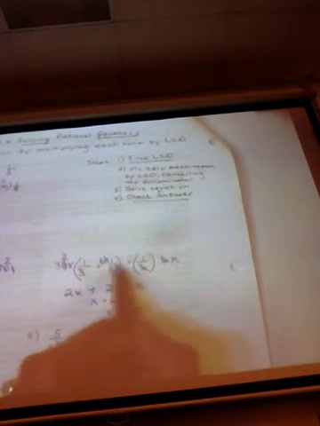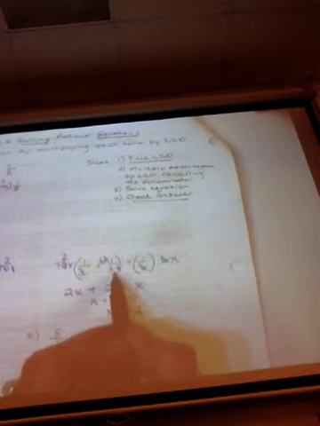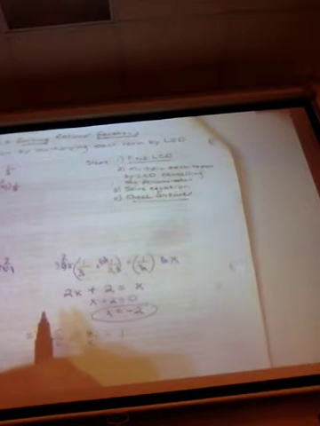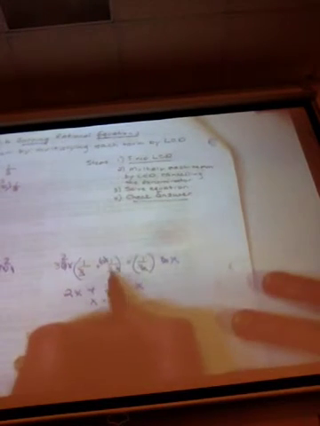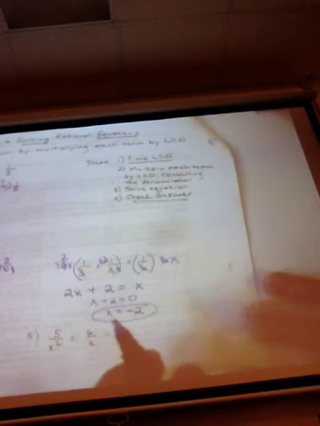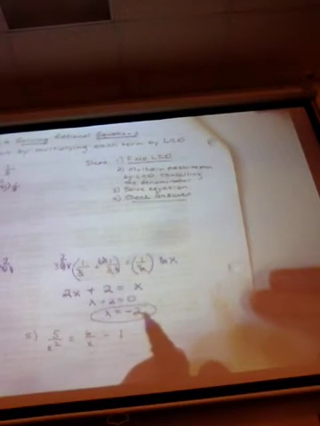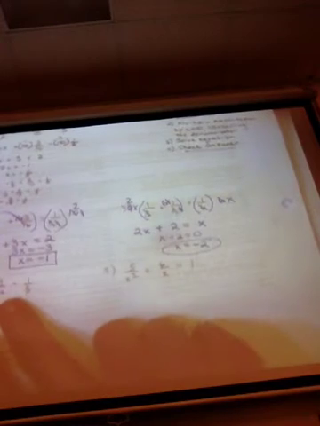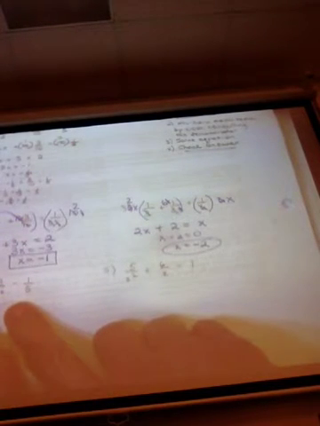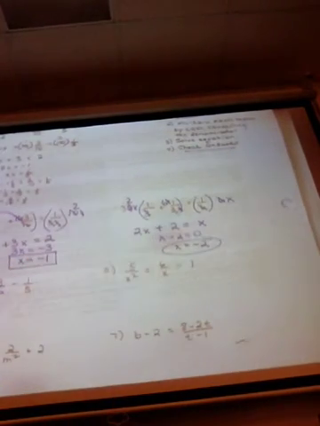The only thing that it can't be is 0. This is fine. It can be negative 2. It can't be 0 because x is in the denominator. So that's how I'm checking my solution. What can't x be on this one, class? 0. If you get a solution anything but 0, that's okay.